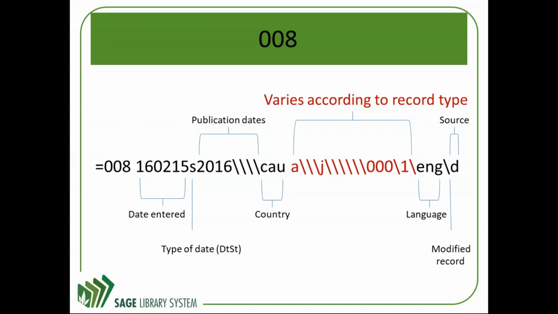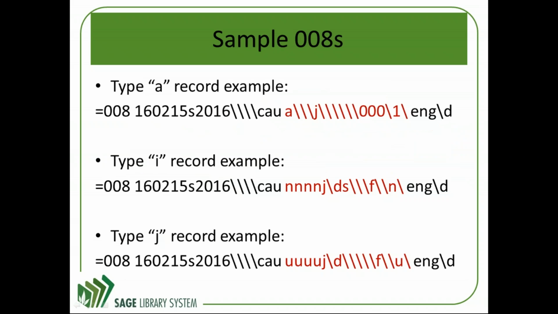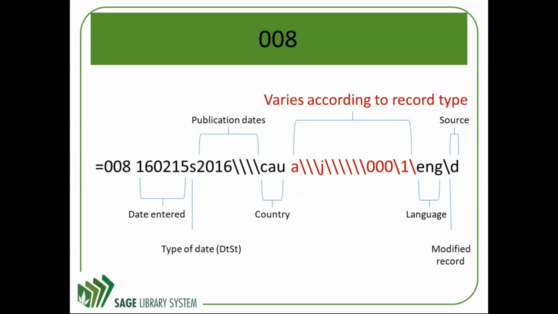So to make it easier to understand here, the type of date, I think it stands for date status, but the DTST that we see, let me go flip back. Here's the DTST here. So that's the S, and in this case referring to a single date.